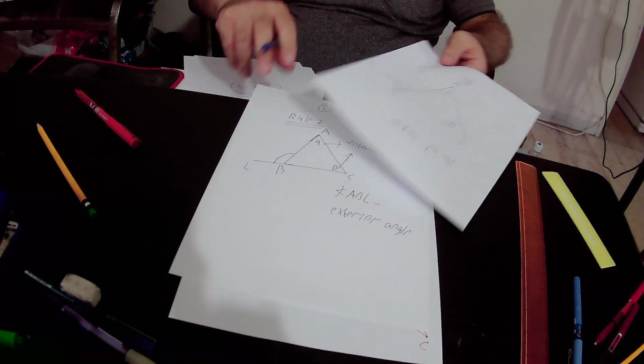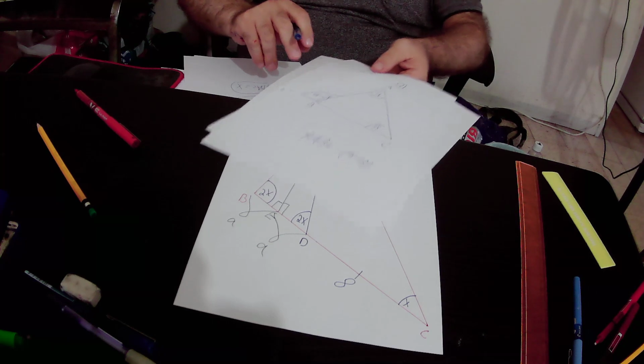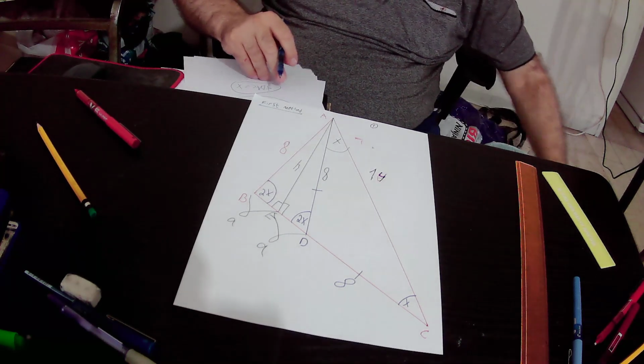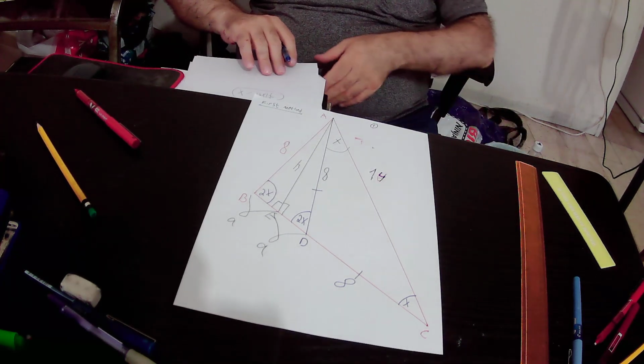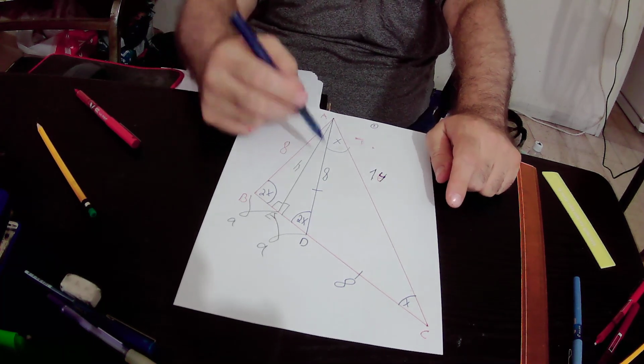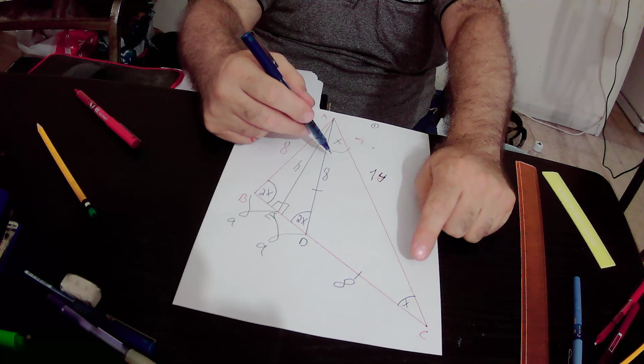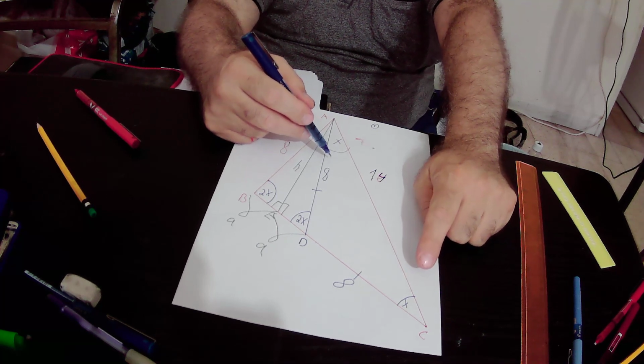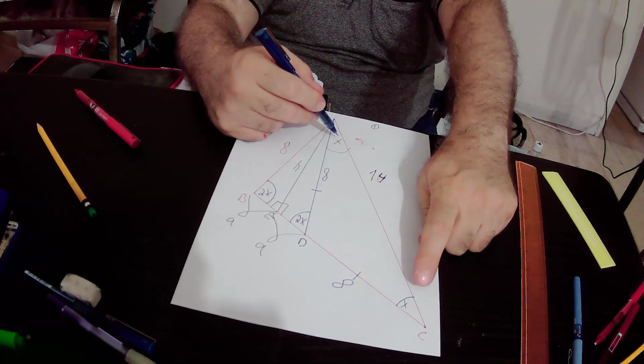So again, we can implement rule number 2 in our drawing, because we have here triangle ADC that has two interior angles.